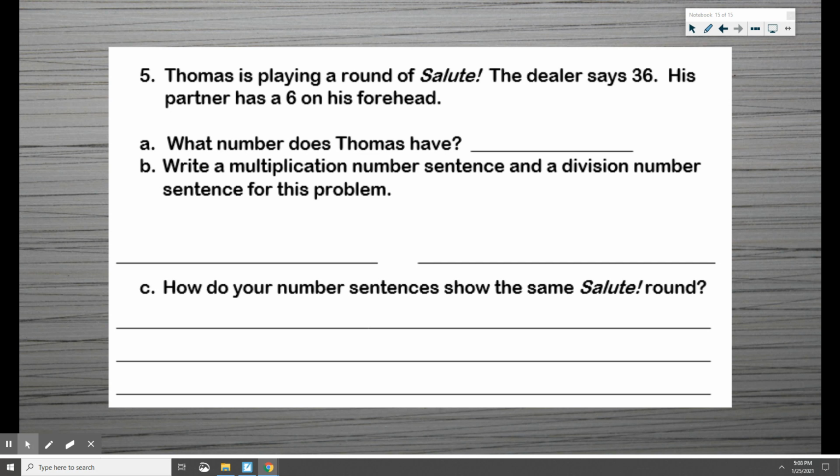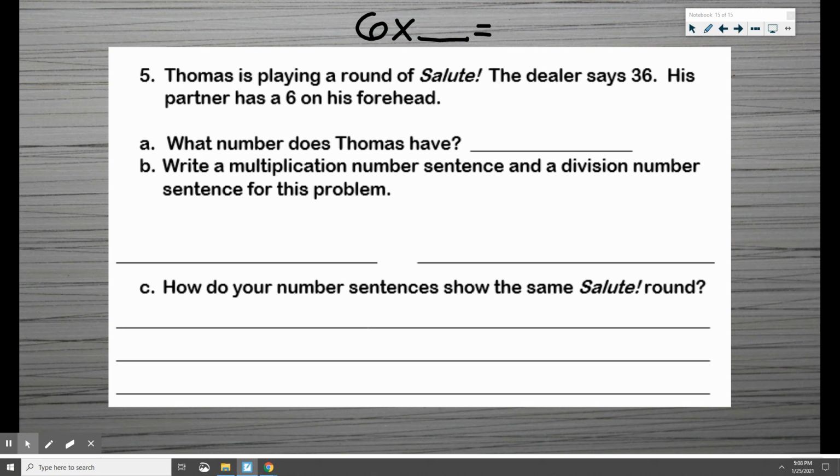All right, number 5. Thomas is playing a round of salute. The dealer says 36. His partner has a 6 on his forehead. What number does Thomas have? So remember, when we're thinking about salute, it's finding the missing factor. So his partner has 6, and whatever his number is, when they multiply, it equals 36.